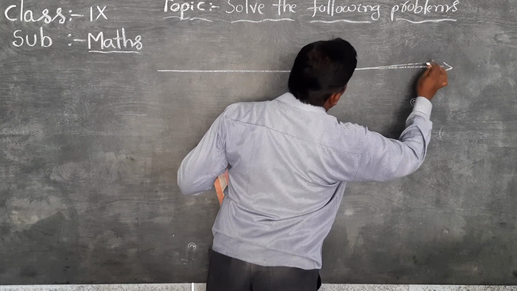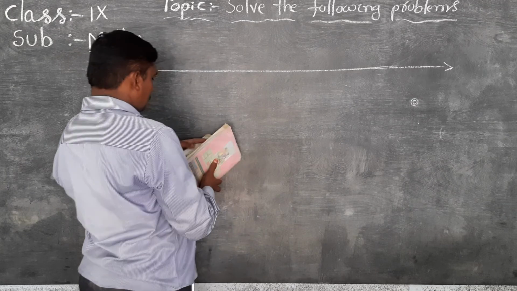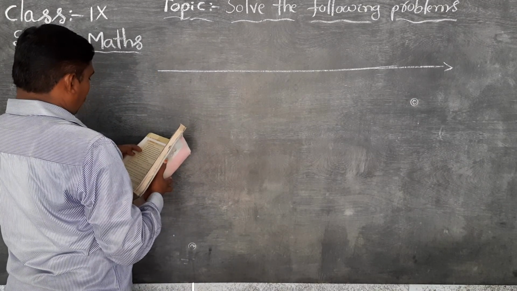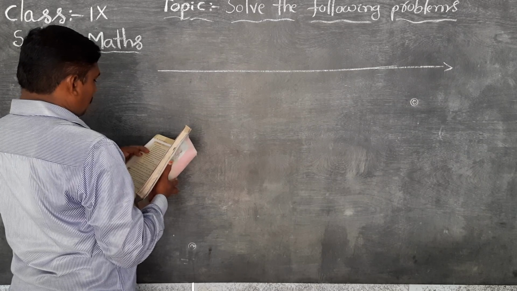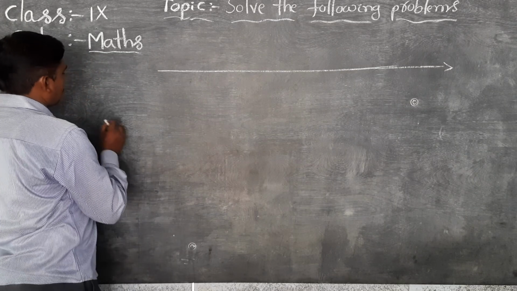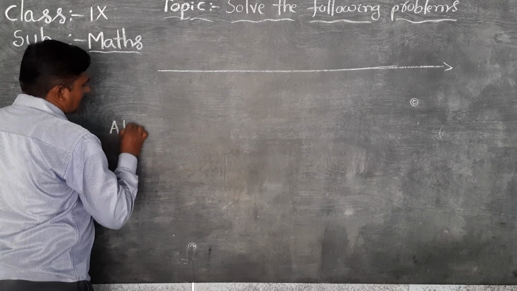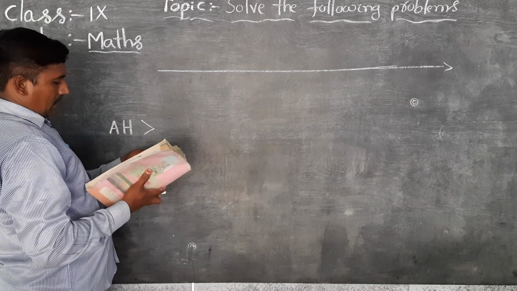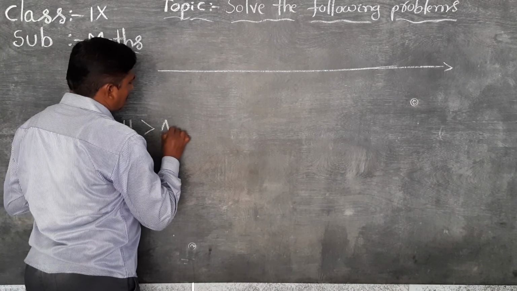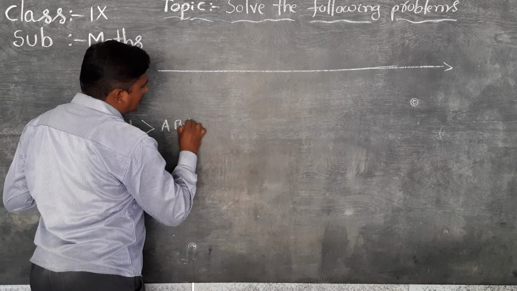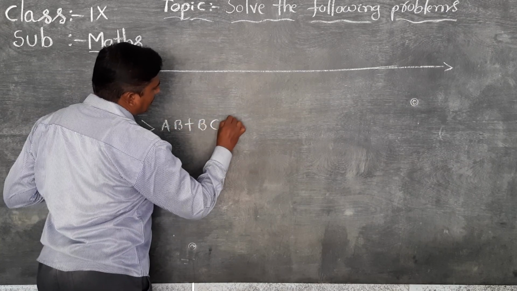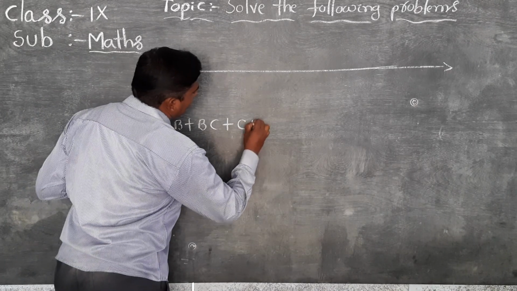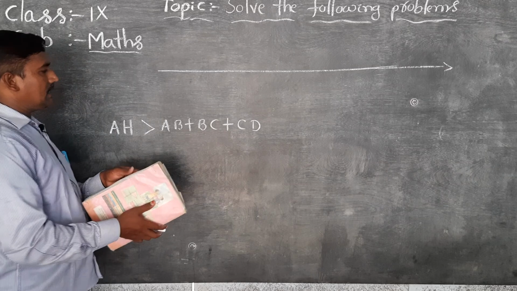In that line, they have given that in the figure given below, show that length AH is greater than AB plus BC plus CD.